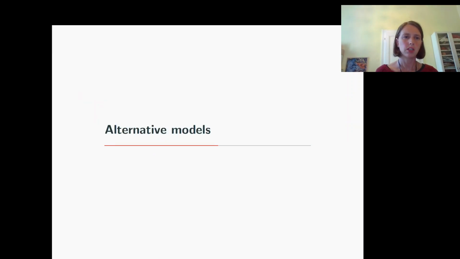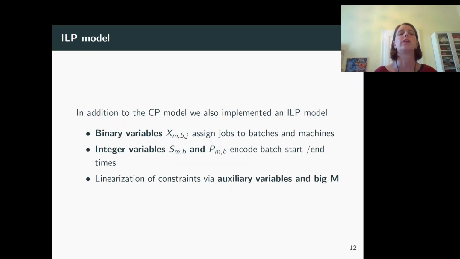We also defined two alternative models. First of all, an ILP model, which like the CP model we implemented in MiniZinc. The main difference here is that instead of using variables m_j for the machine and b_j for the batch number, we use binary variables with 3 indices, x_mbj.